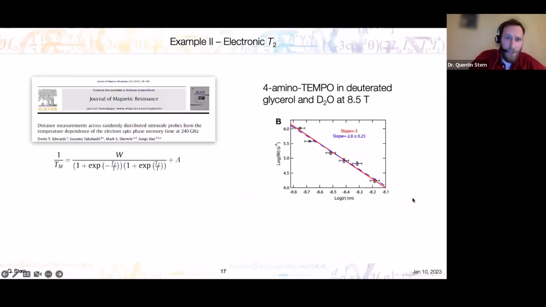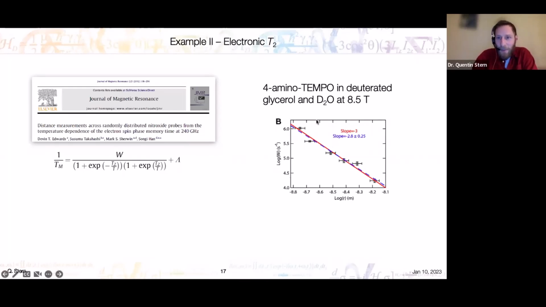Then again, Mark Sherwin, collaborating with Sanghi Han and others, used the same model to explain T2 relaxation of electrons in a matrix with TEMPO in a disordered frozen solution. Here they don't call it T2, they call it the phase memory time, which is the wording of EPR.